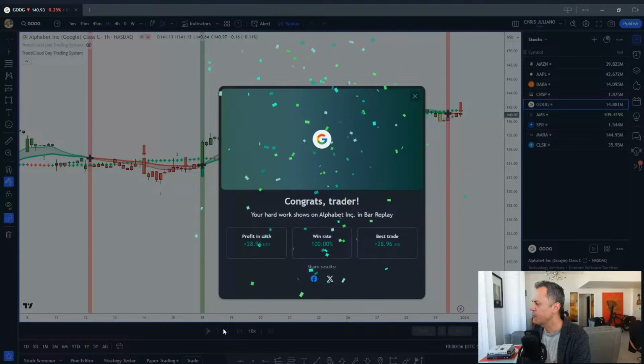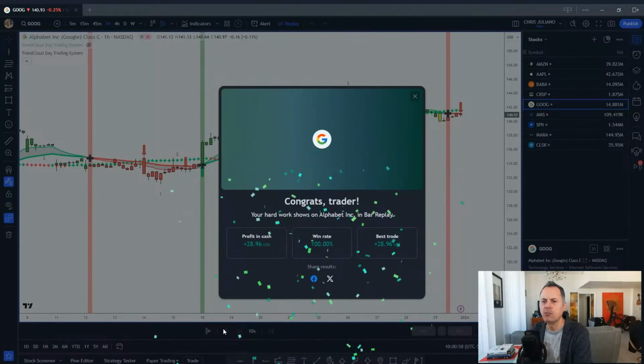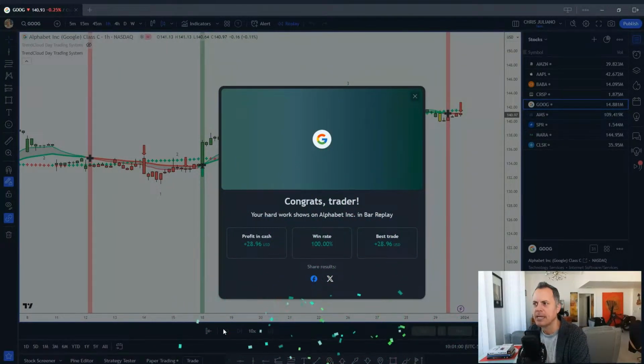So, do you see how accumulating stocks is much easier than trading? It's much easier. So when you're a beginner, let's say you've got $2,000 and you want to take that $2,000 and turn it into $10,000. Do it by accumulating stocks.